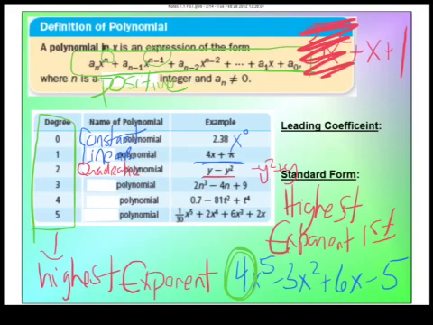Now, if we have a third degree polynomial, that is going to be called our cubic. A fourth degree is a quartic. A fifth degree is a quintic. Which is the very same type of numbering word system as used in all of mathematics.